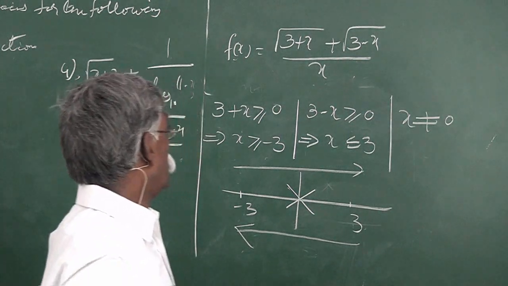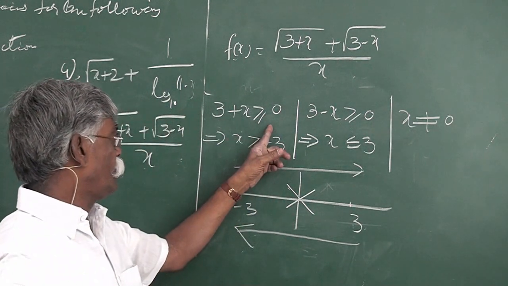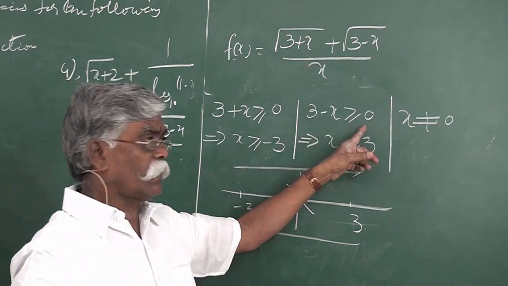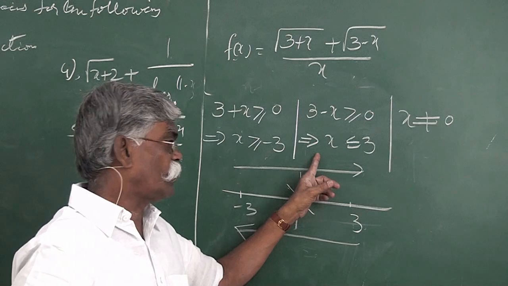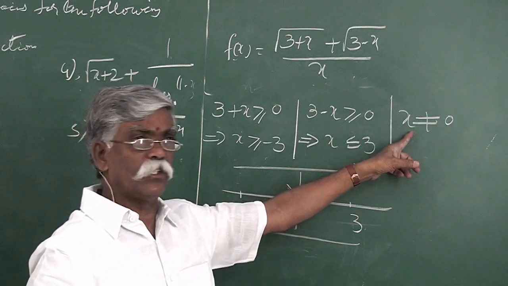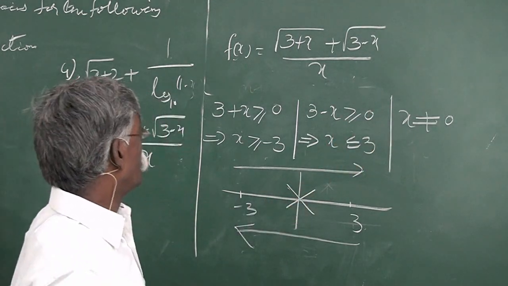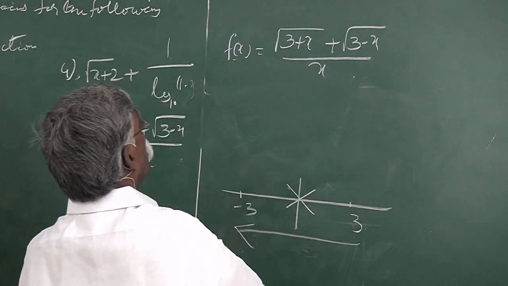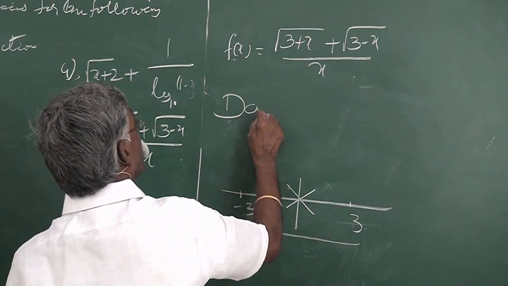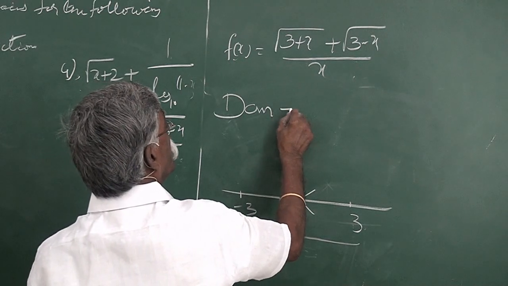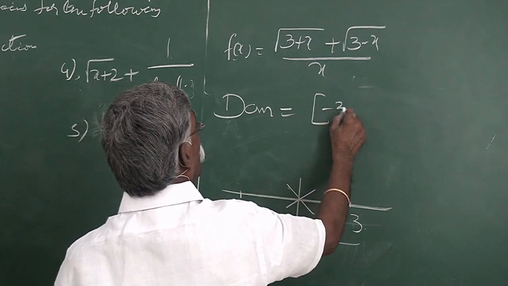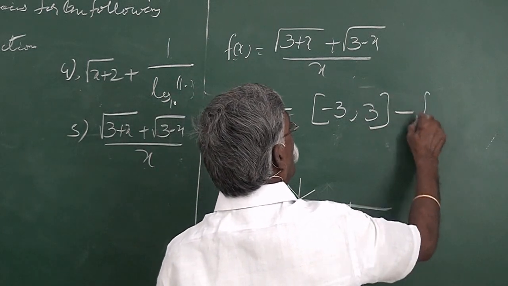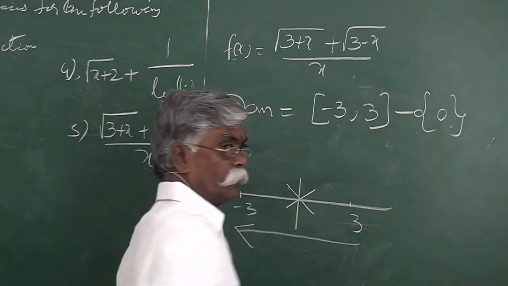Therefore, so first one, 3 plus x greater than or equal to 0 implies x greater than or equal to minus 3. 3 minus x greater than or equal to 0 implies x less than or equal to 3, and x is not equal to 0. So therefore, the domain is equal to, from the closed interval minus 3 comma 3, we have to delete 0.